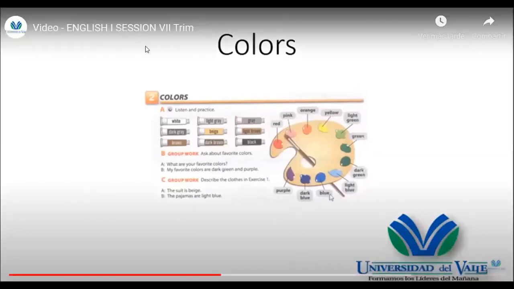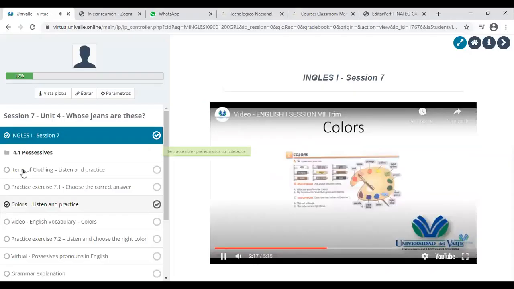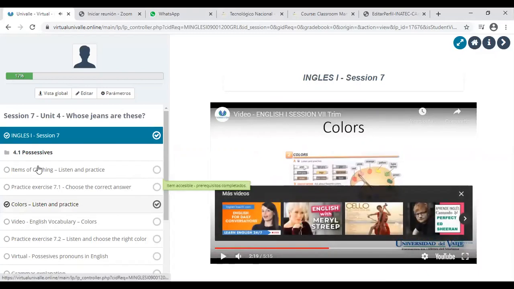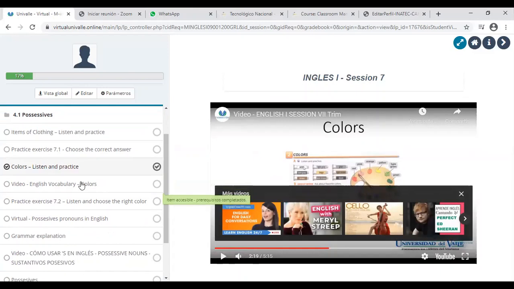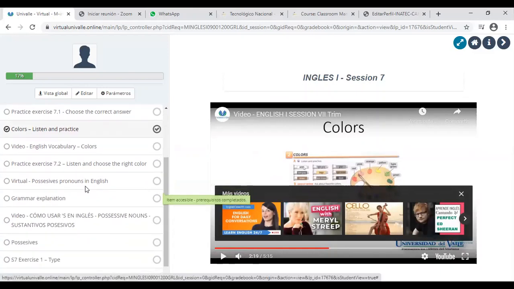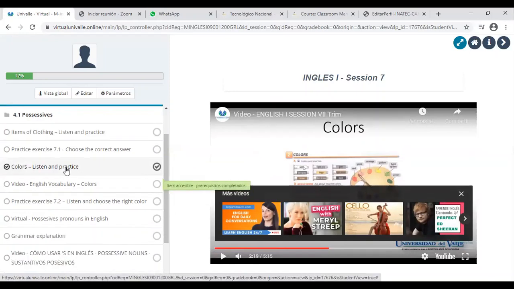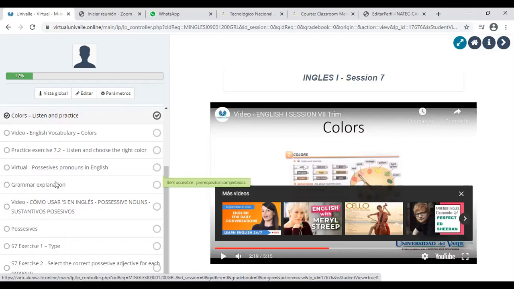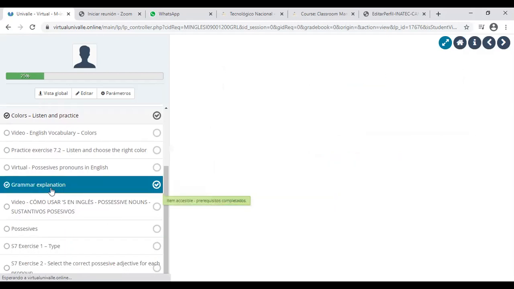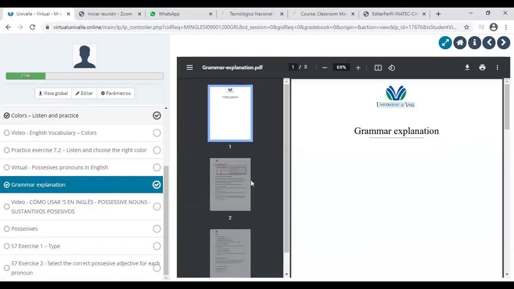So basically, we are going to be working on items of clothing, colors, and possessives in English, right? So first of all, we are going to be explaining possessives in English, okay?